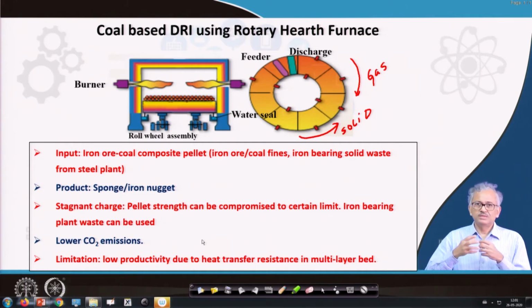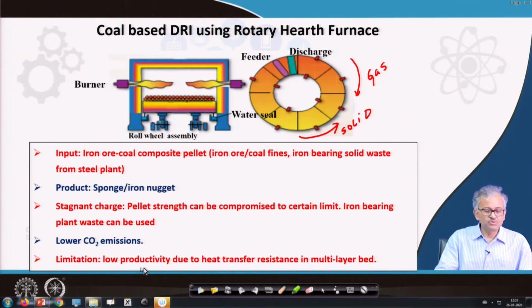Although finally it is a gas solid reaction by CO and CO2 gaseous intermediates, since the carbon and the iron particles are very close together, the gas does not have to move much distance, and the kinetics of the process is very fast, and you can utilize the carbon more effectively. So, as a result, the final CO2 emission is less.